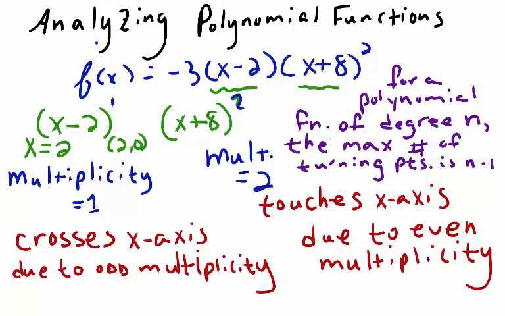Since we have a third degree polynomial, we take degree 3 minus 1, and that gives us 2. That means that 2 is the maximum number of turning points on our graph. So our maximum number for our example is 2. Actually, I'll write that as 3 minus 1 equals 2 possible turning points.